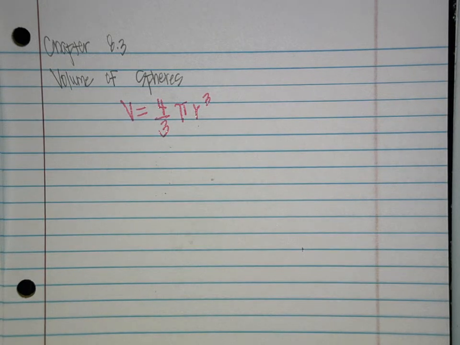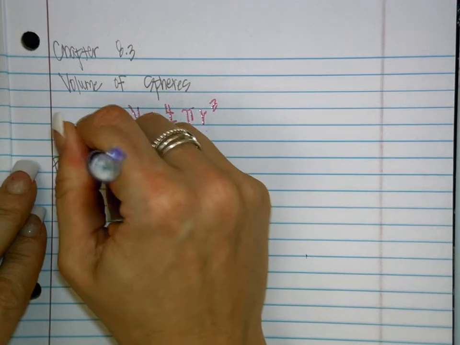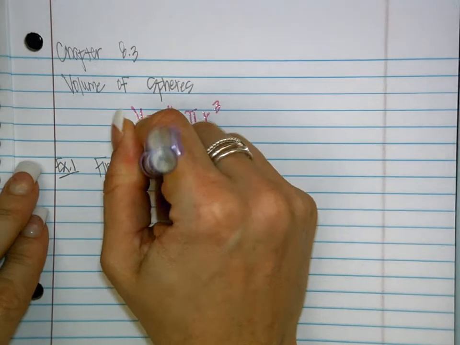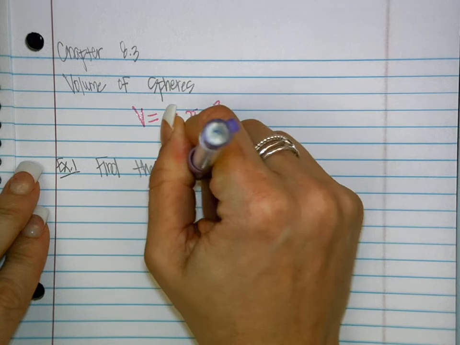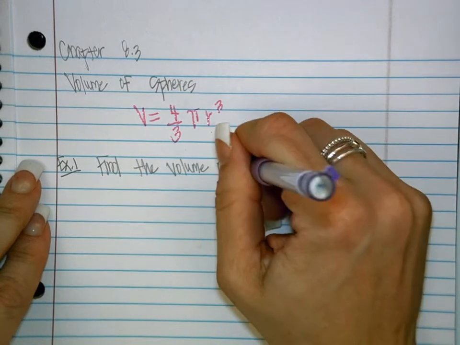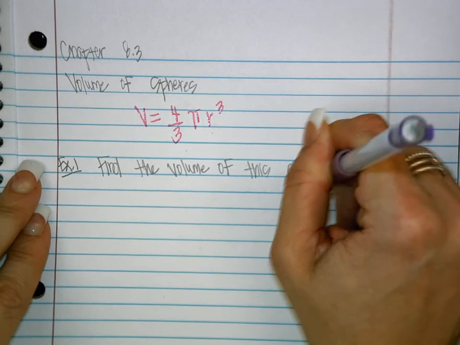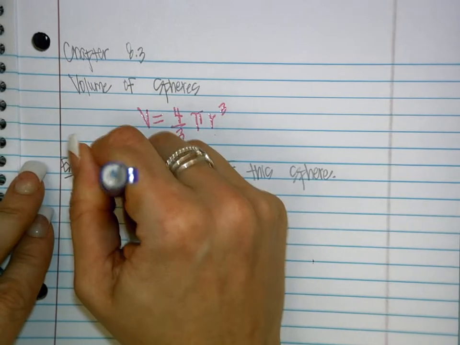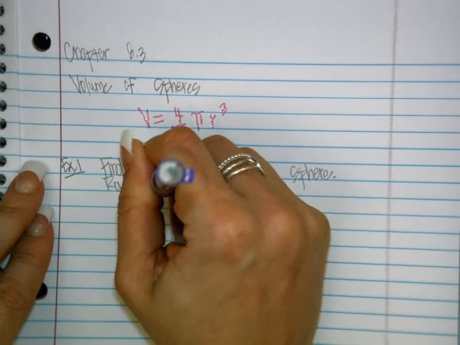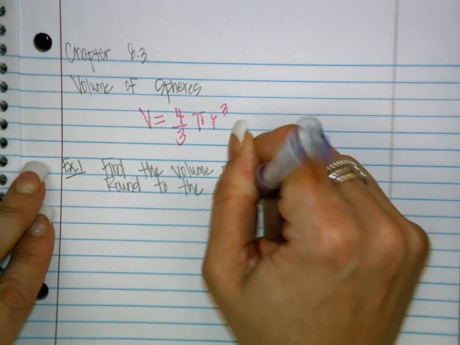Okay, so if I ask you to, for example number 1, find the volume of this sphere. Okay, write it down, please. And I'm going to ask you to round to the nearest tenth.